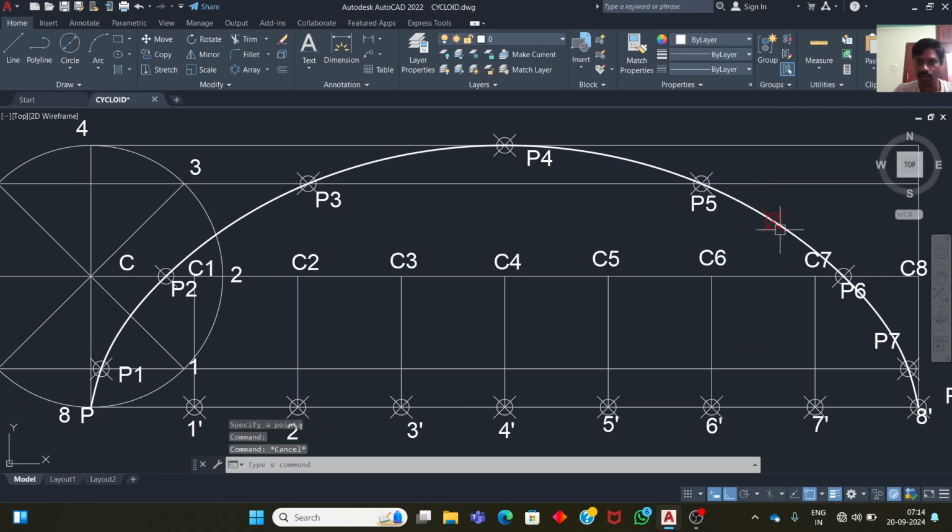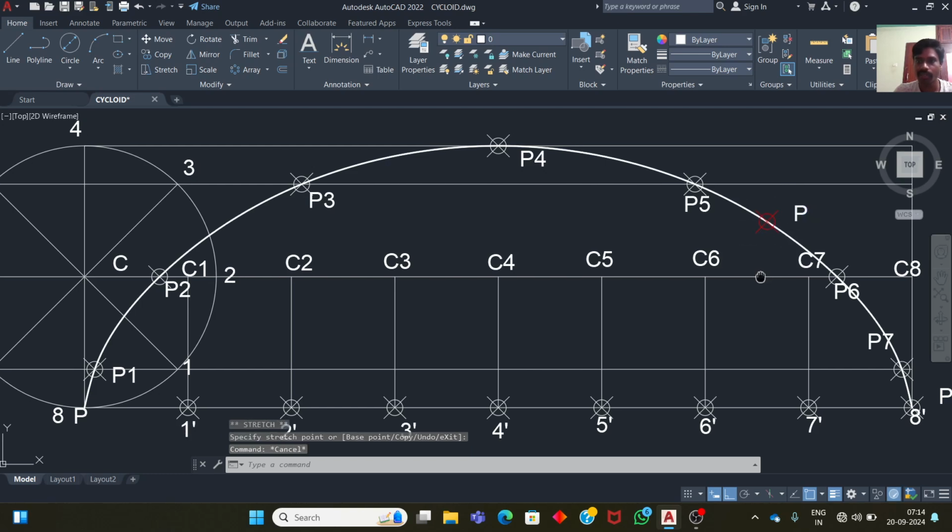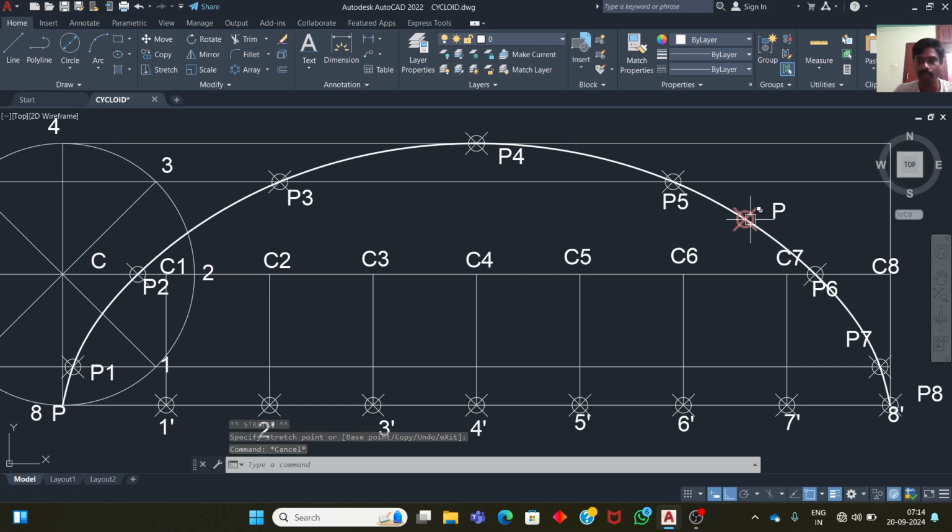So this is the point P. At this point, I am going to draw the tangent and normal.